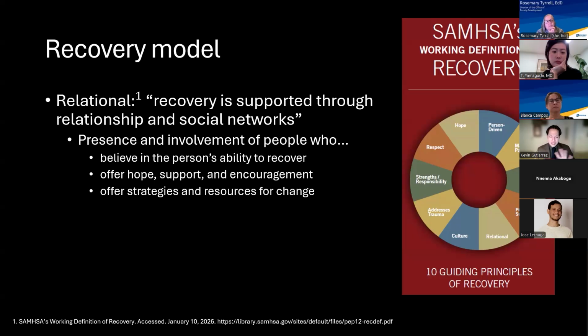In this pie chart, there are about 10 different components that the recovery model encourages, things like respect, giving hope, being person driven, but I wanted to hone in on the relational component, which is that recovery has to be supported through relationships and social networks. So even things like AA, NA, having something rather than nothing is very important.